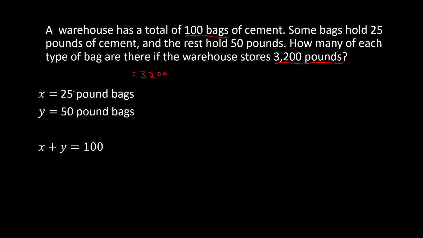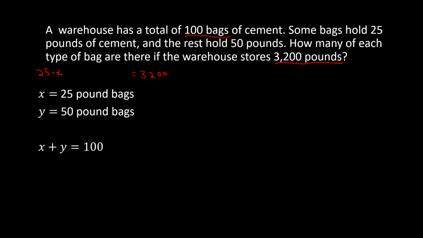So if we have one 25-pound bag, we'll have 25 times 1 pounds. If we have two 25-pound bags, we'll have 25 times 2, or 50 pounds, and so on. So the total weight from the 25-pound bags will be found by taking 25 times the number of bags that we have. So 25 times x will be the weight from the 25-pound bags. So if I have one bag, it'd be 25 pounds.